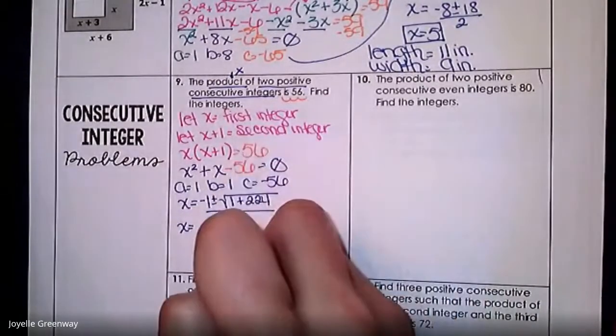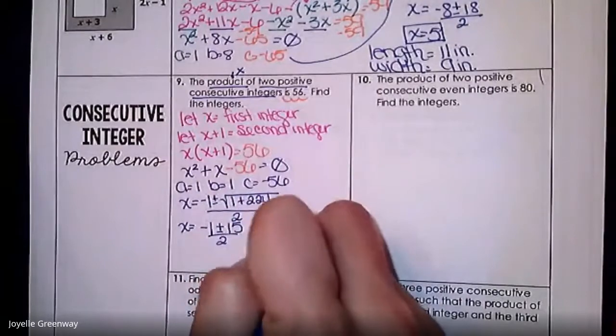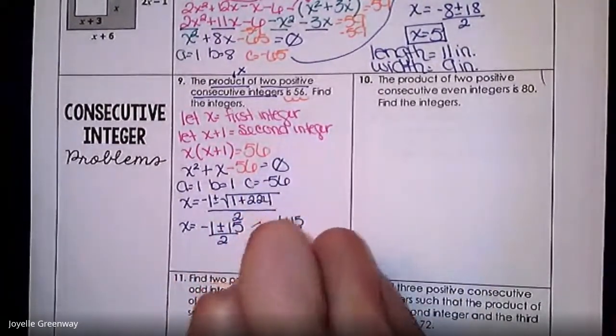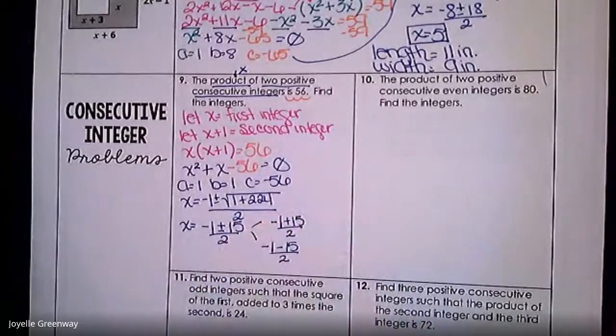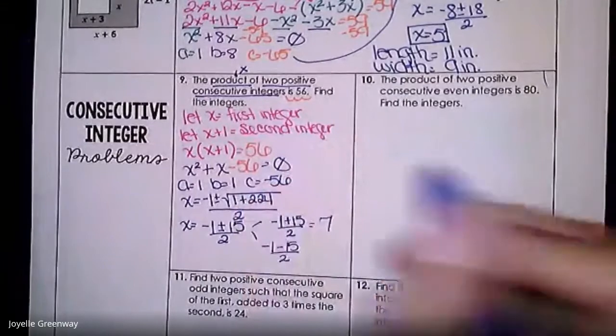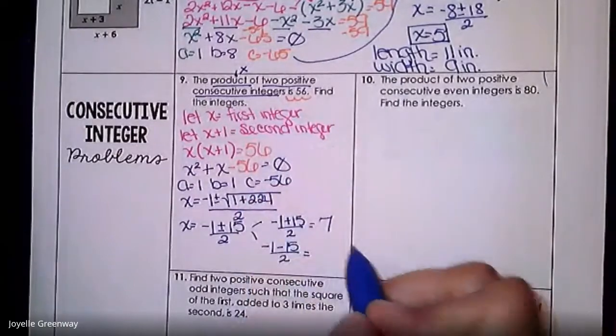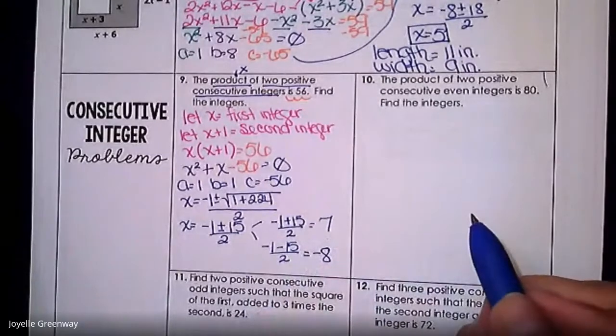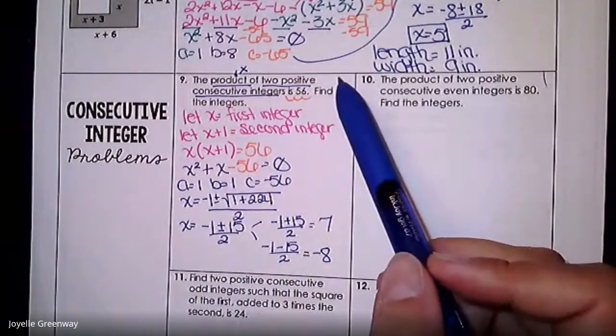So I get negative 1 plus 15 divided by 2 and negative 1 minus 15 divided by 2. Negative 1 plus 15 is 14, divided by 2 is 7. Negative 1 minus 15 is negative 16, divided by 2 is negative 8. So go back to your question.